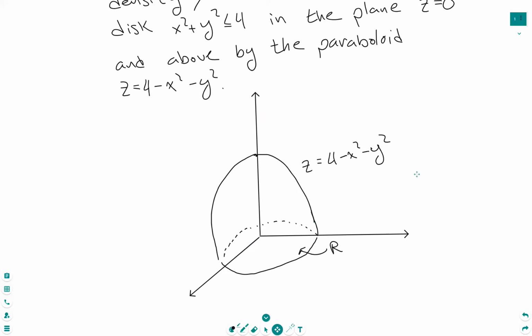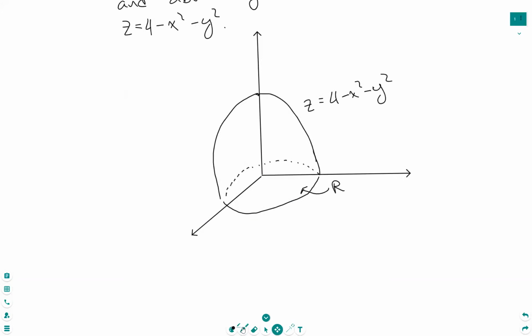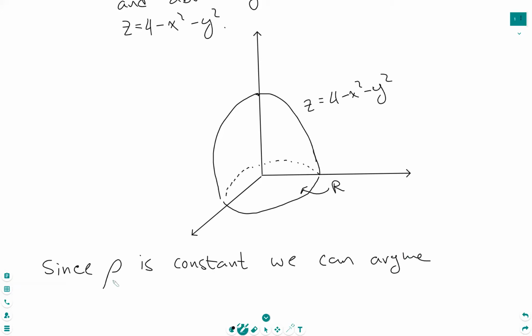If you look across this axis, it's still symmetric across either side of that plane, same amount of mass on either side. So using symmetry and the fact that rho is constant, we can argue symmetry.